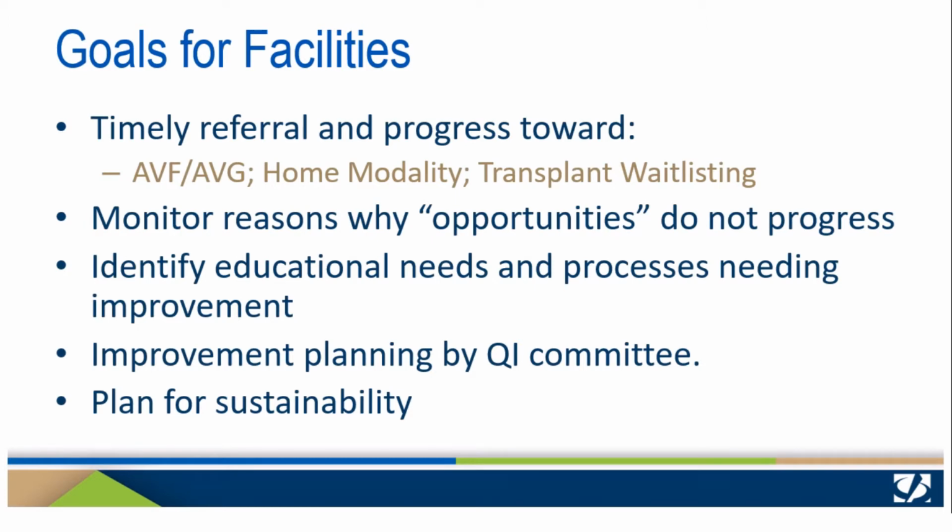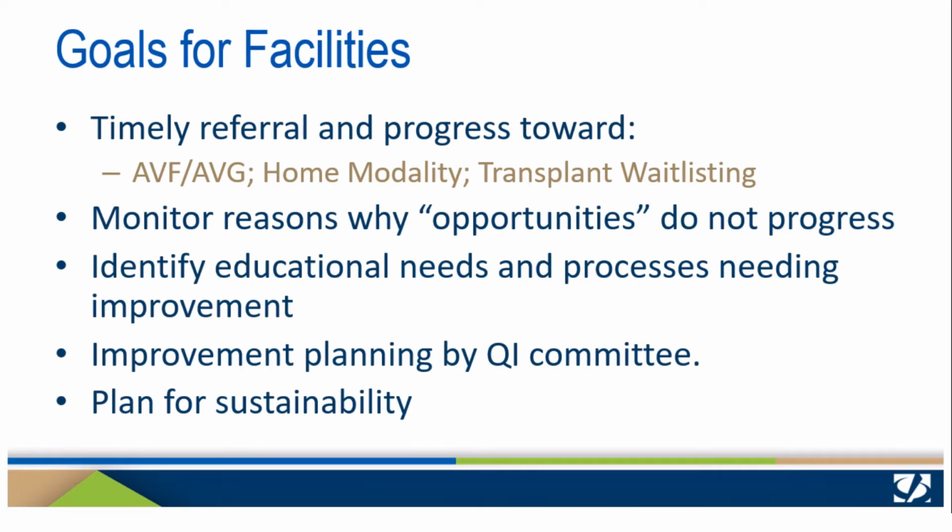The goals for the facility is timely referral and progress toward one of the three options of a permanent access, home modality, or transplant waitlisting. We ask that facilities monitor reasons why these opportunities may not progress, identify educational needs and processes needing improvement, educational needs of patients and staff.